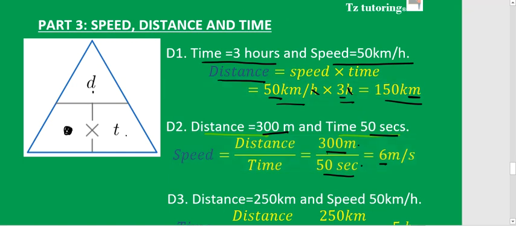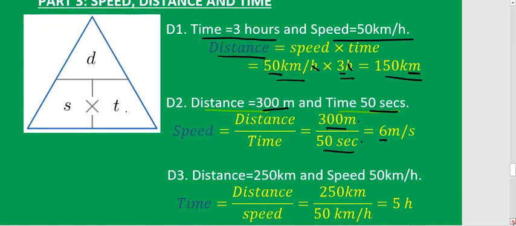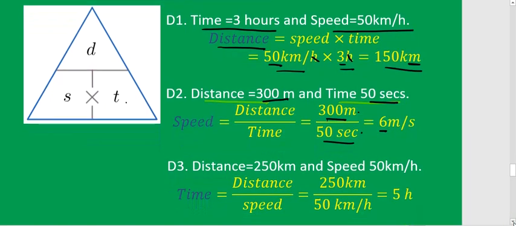And then finally, for D3, you are asked to calculate time. Still using the same triangle. Remember, if you're looking for time, that's what you're going to have to shade. If you're looking for time, let's shade away T, because that's the one that we're looking for. And what's time? Time is therefore distance over speed.